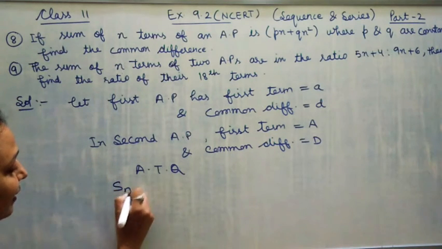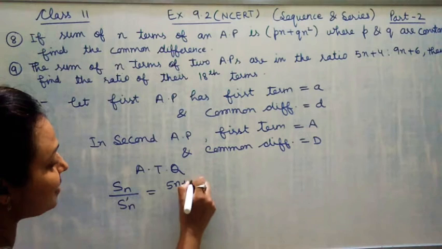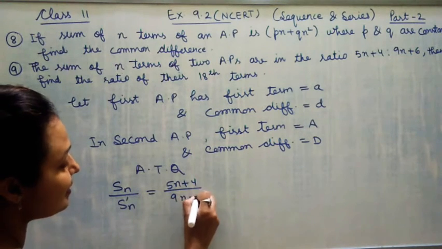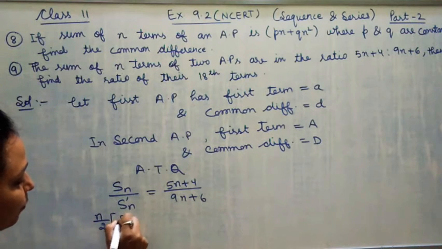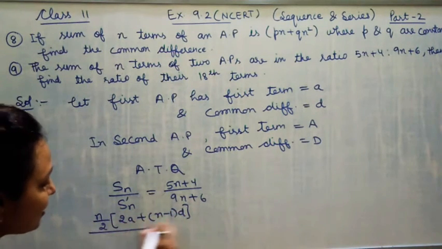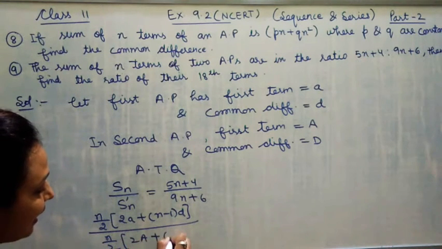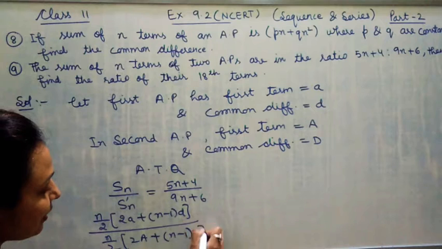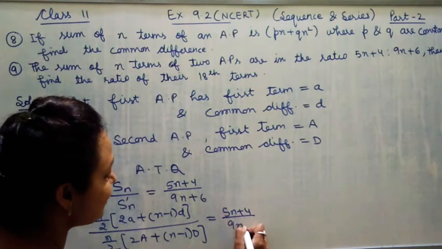According to the question, the sums of n terms of the two APs are in the ratio 5n plus 4 upon 9n plus 6. First of all, I will put the sum formula: n by 2 times 2A plus n minus 1 into D, divided by n by 2 times 2 capital A plus n minus 1 into capital D, equals 5n plus 4 upon 9n plus 6.